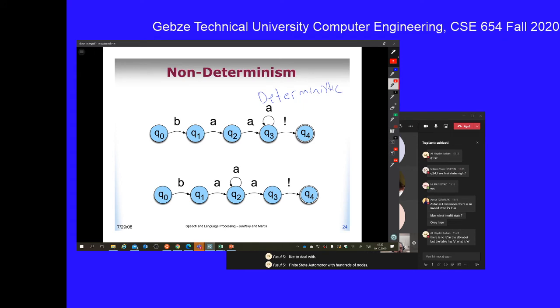Maybe 10-15 nodes is good enough for us. With the non-deterministic finite state automata, sometimes we can achieve that. So it is powerful for us. It is easy for us to explain some of the languages, but they are equivalent. Deterministic and non-deterministic ones don't have any advantage or disadvantage in terms of expressibility.